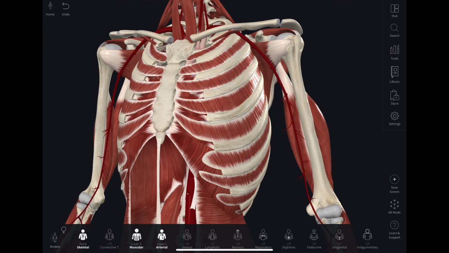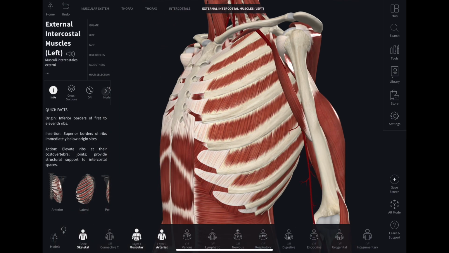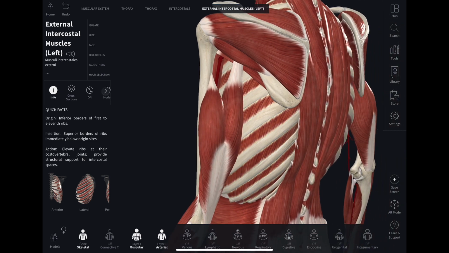So now, anteriorly to this muscle would be the external intercostal muscle. It is right here. This muscle right here is also involved in inhalation.